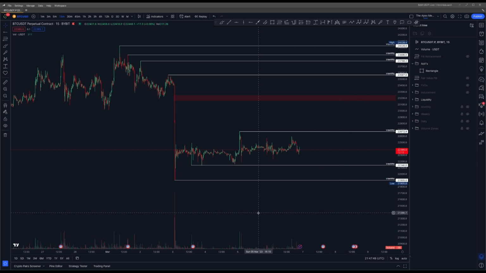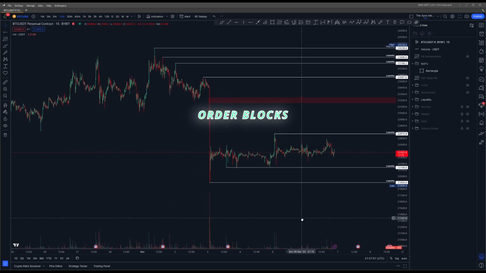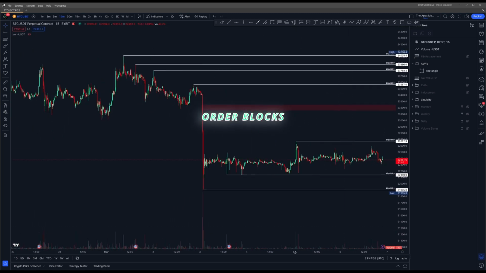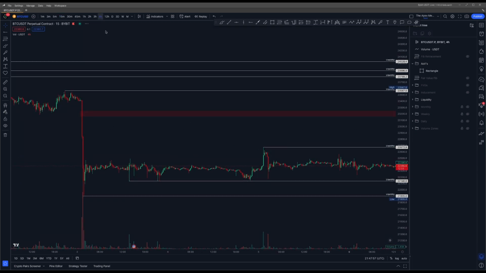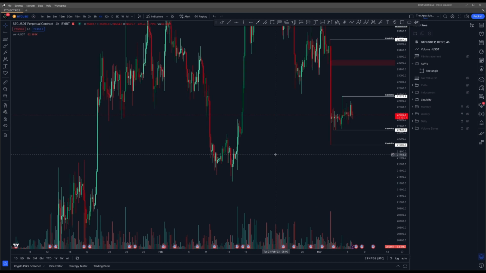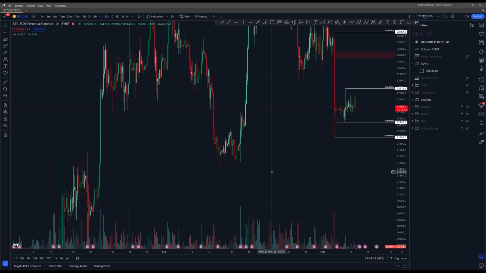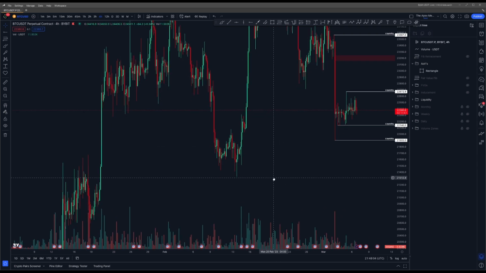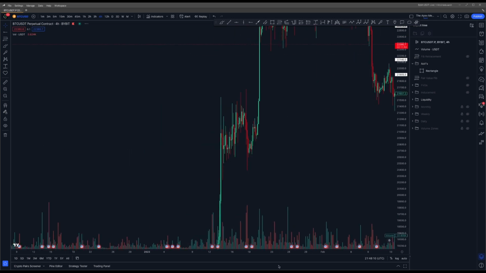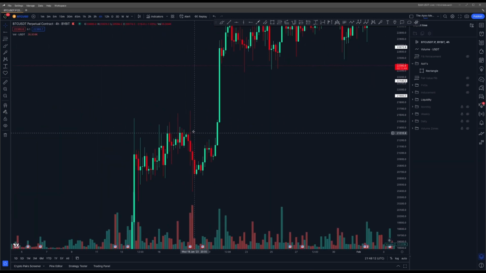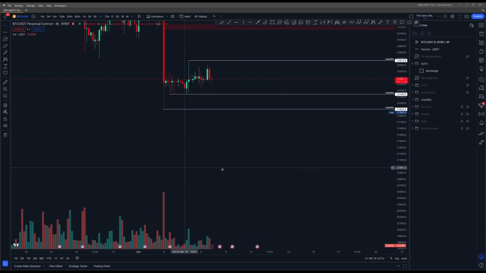Now the other key thing that we need to understand as well is order blocks. Now order blocks, again, will start high. I always like to start on the big areas. An order block is where we've had a significant change in price. As an example, you can see here, I believe this is an untapped order block.